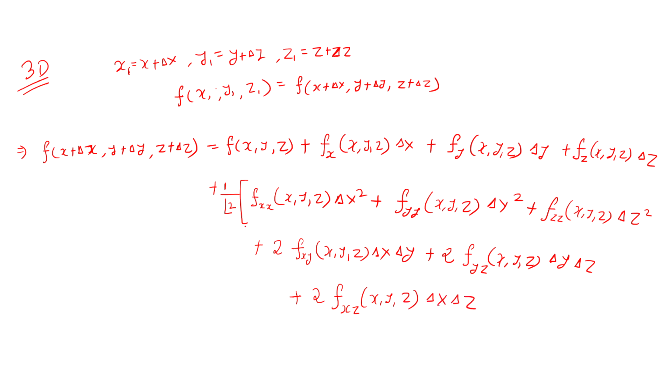So this whole thing is multiplied by 1 upon factorial 2. Then this series will go till infinity. So this way we can write down this Taylor series expansion in 3D.